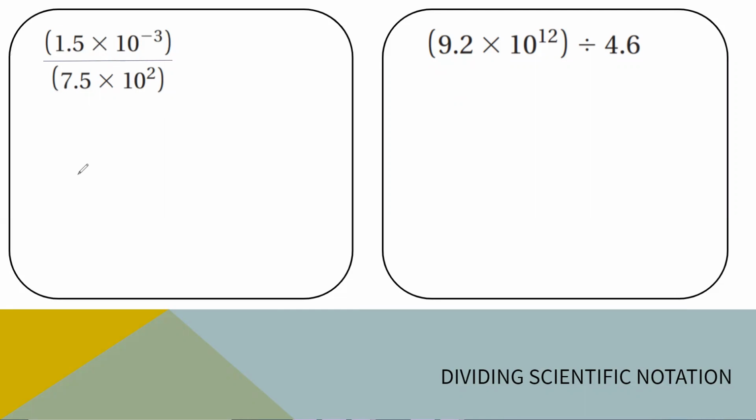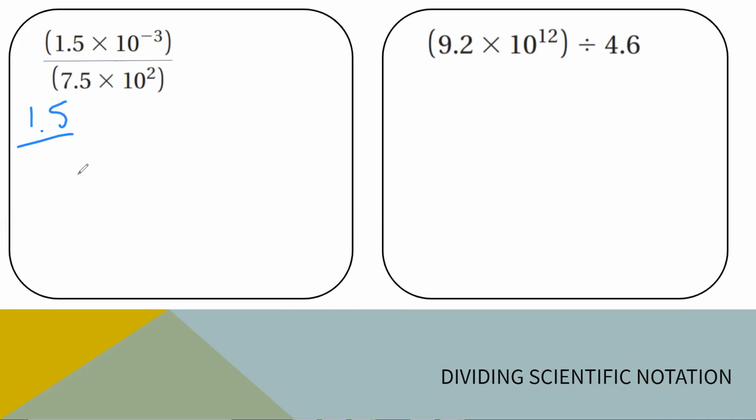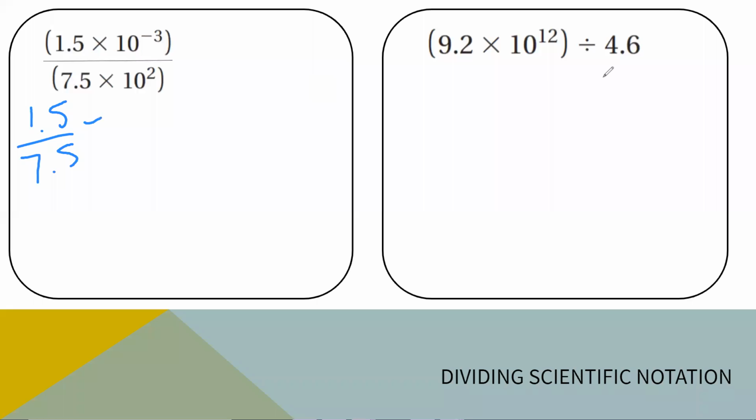What I'm going to do first is solve 1.5 divided by 7.5, which when I put it in my calculator, I can easily find out is equal to 0.2.